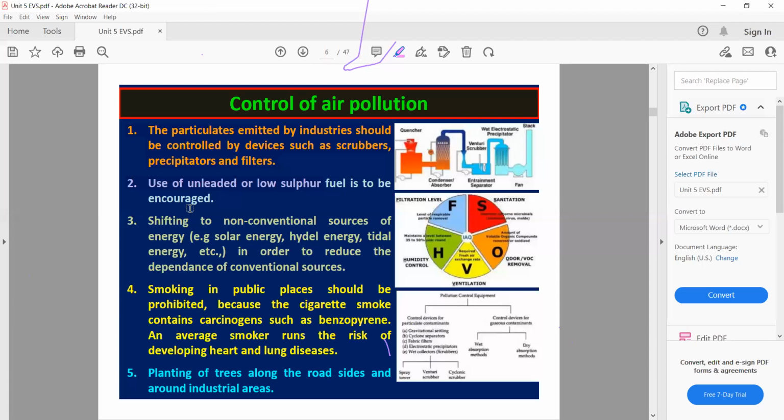So low sulfur content and lead content in the fuel is always encouraged. Next, shifting to non-conventional sources of energy, that is solar energy, hydel energy, tidal energy. All these are more encouraged because those substances do not cause pollution. All right.